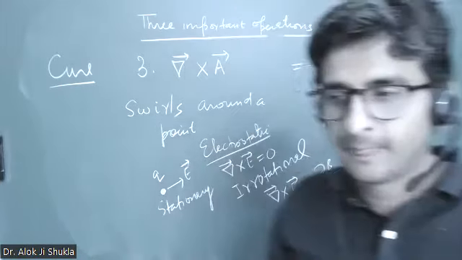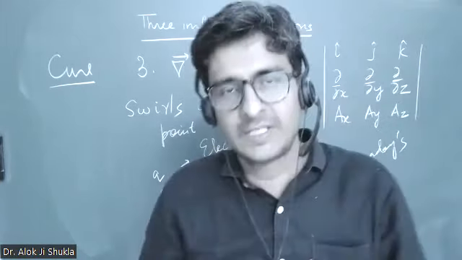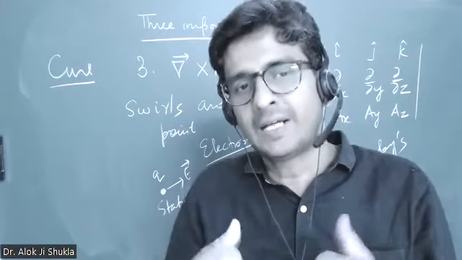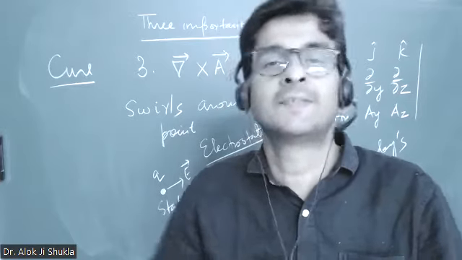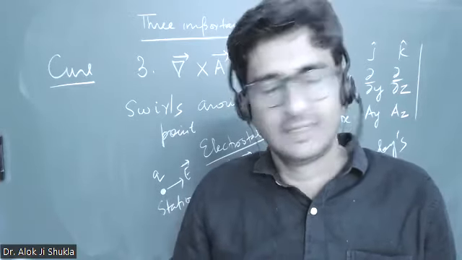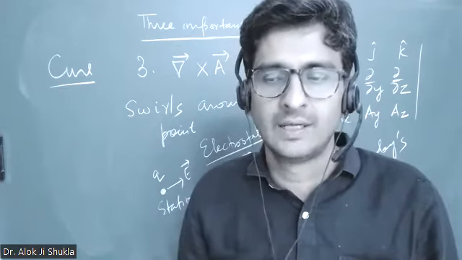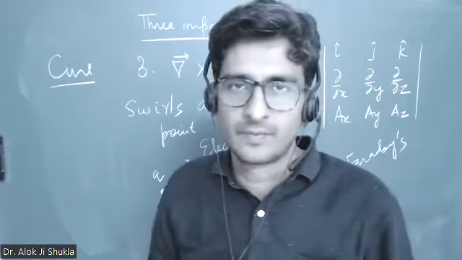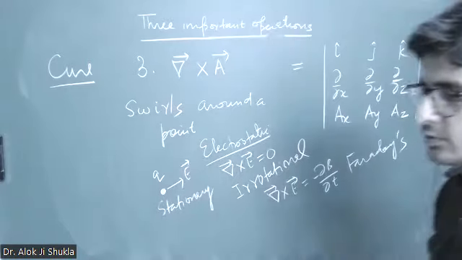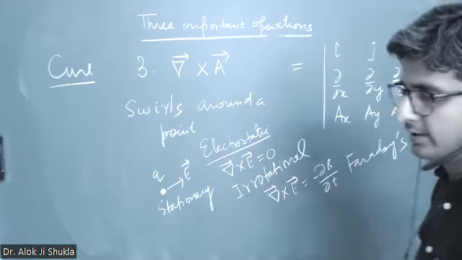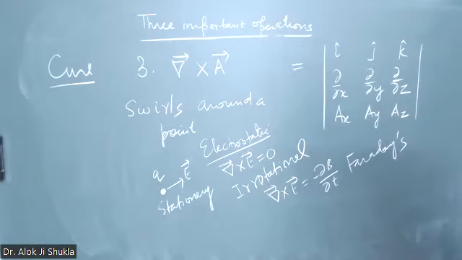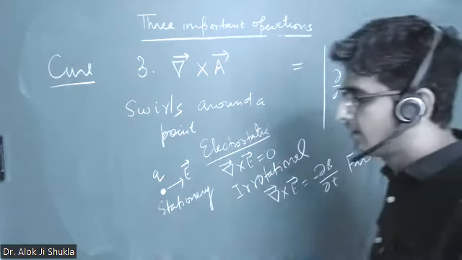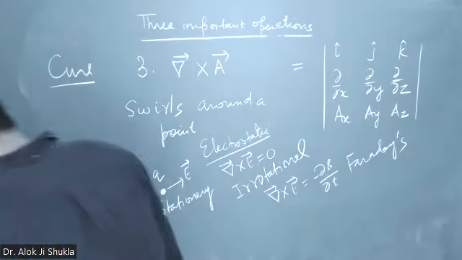Is that okay? Then comes divergence which tells that a vector, तो पहला वाला तो स्केलर था, दूसरा वाला वेक्टर है. वेक्टर का जो एक पॉइंट से स्प्रेड है, उसका मेजर है डाइवर्जेंस. And the third one is the curl, which is the measure of the swirl or rotation about a point. So this is measured by the curl of A. So जरा तीनों के छोटे छोटे कुछ questions करते हैं.